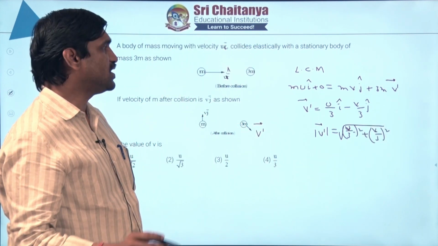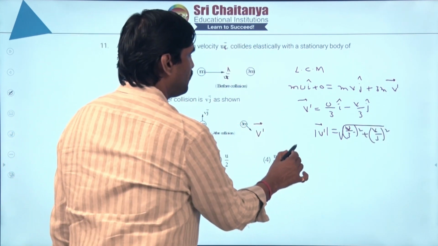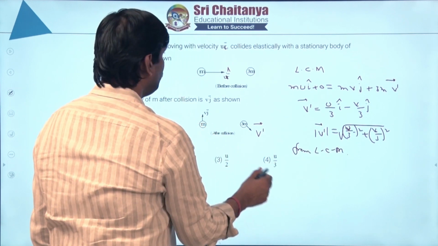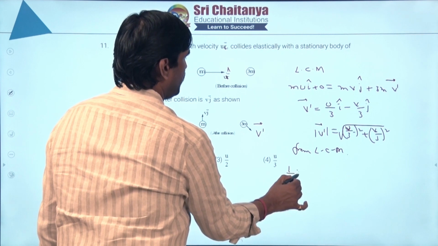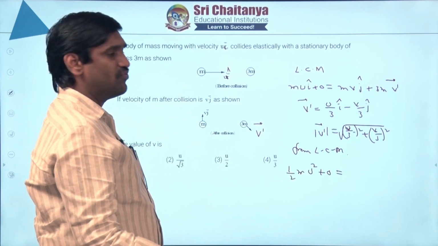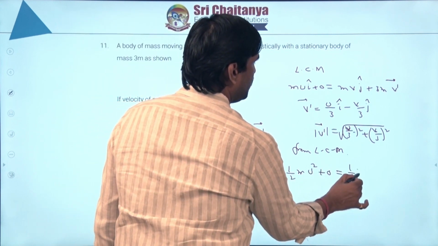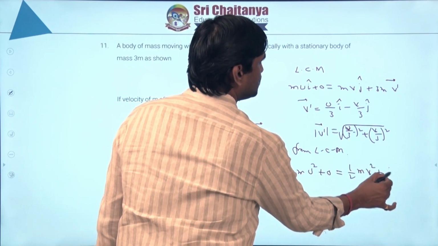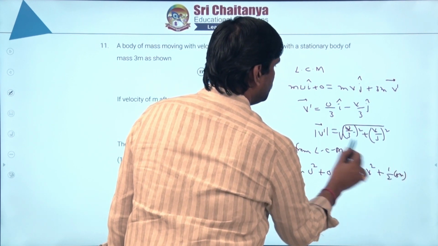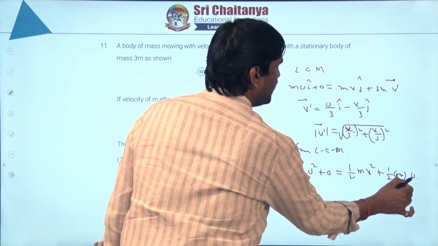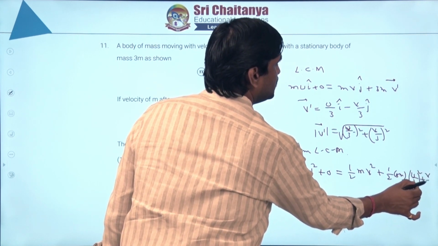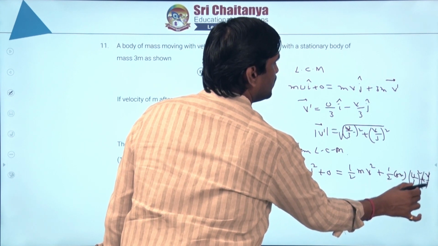Now, by using the law of conservation of energy, total energy before collision is (1/2) m u square plus 0, and total energy after collision is (1/2) m v square plus (1/2) of 3m times (u by 3) whole square plus (v by 3) whole square.